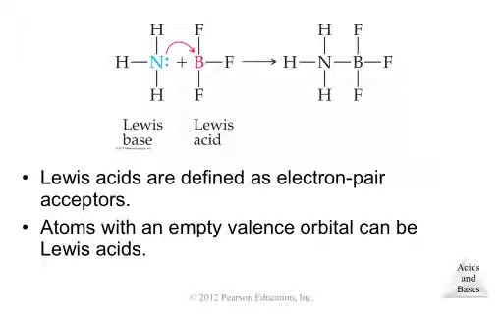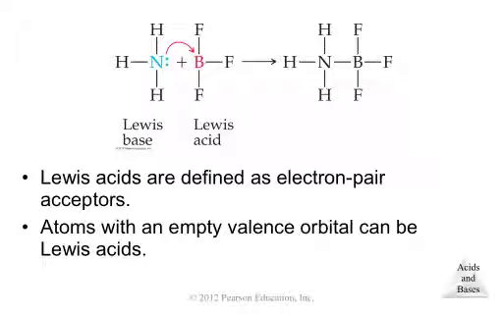The metal ions, iron was the example, generally have many empty orbitals, or a few anyway. And so they are able to take electron pairs from an electron pair donor, which is the definition of a Lewis base.